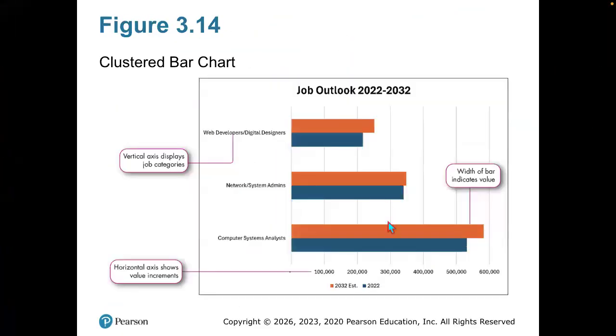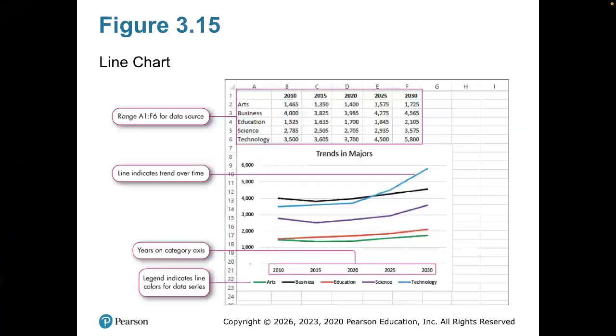So just like with clustered column charts, can do the same with the bar charts. Only difference between bar and column, bars are horizontal, columns are vertical. Line charts, if I want to show a trend line, for example, this is the best thing to show for that. This automatically will use these points and construct a line of best fit.